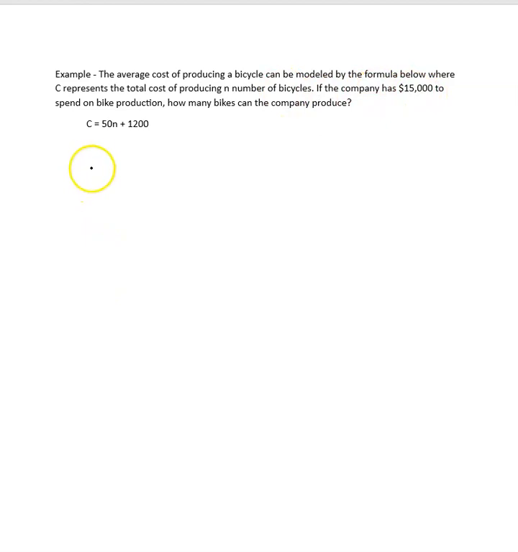So since $15,000 would be representing a total cost that the company has to spend on the bicycles, 15,000 is going to replace C, and what we're looking for is how many bicycles can the company produce, and so we're going to be solving for N. So just like in our previous examples, we plug 15,000 in for C, and we solve for N.